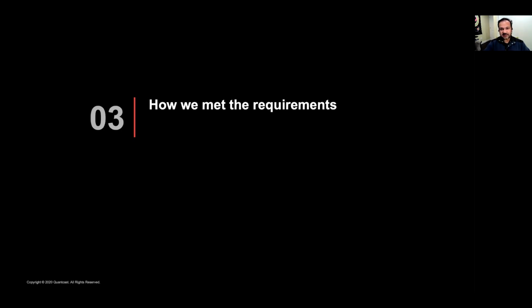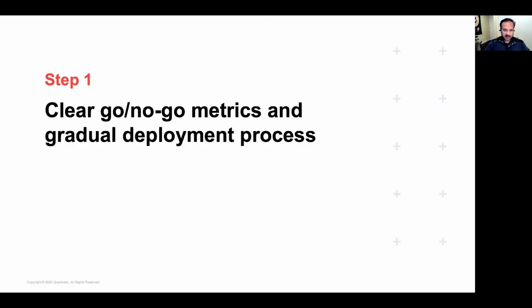So once we came up with these requirements, we decided how to go about meeting them. The first part of that was that we came up with clear go/no-go metrics, and we came up with a gradual deployment process.